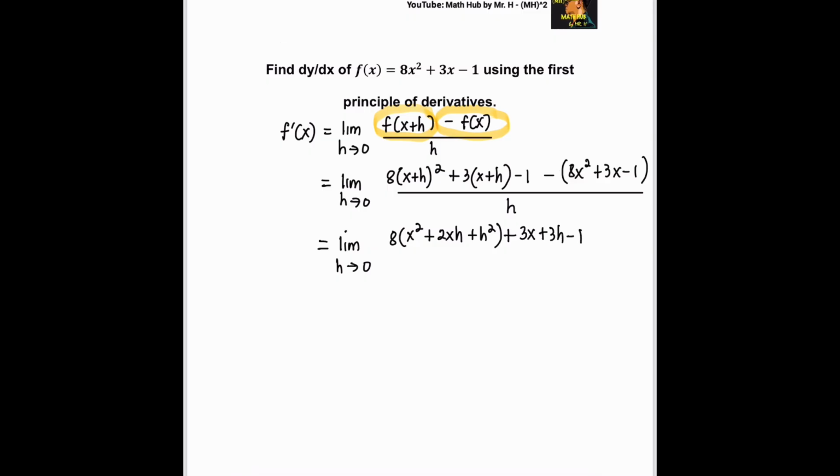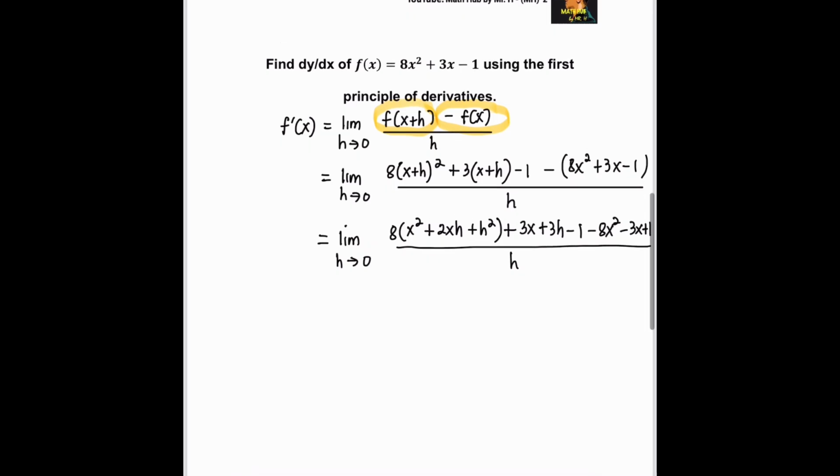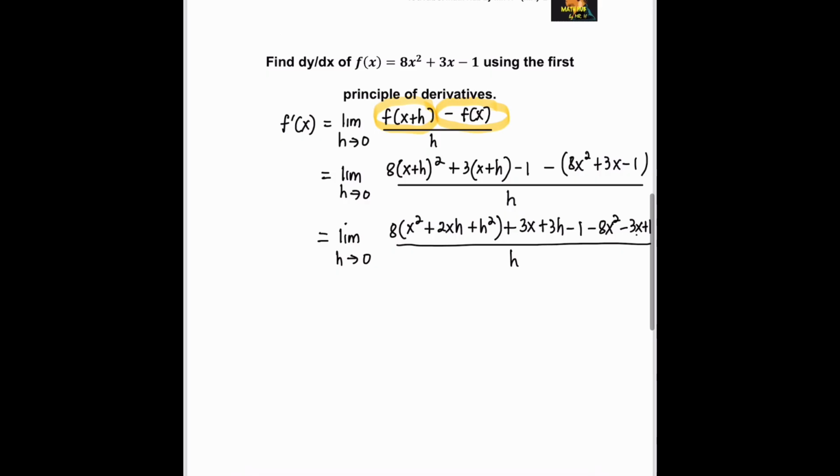And then here, we need to apply the negative. So we will be distributing the negative sign or -1. So that's going to be negative 8x squared minus 3x. So negative times -1 is positive 1 divided by h. All right, so we keep going by simplifying the numerator.